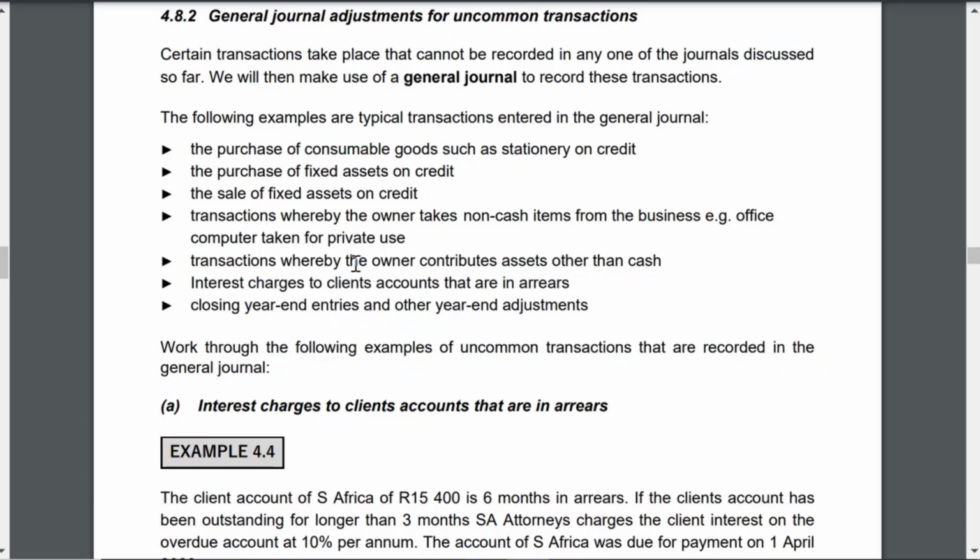Transactions whereby the owner contributes assets other than cash. Interest charged to clients' accounts that are in arrears. Closing year-end entries and other year-end transactions.